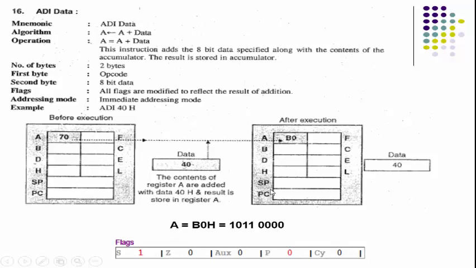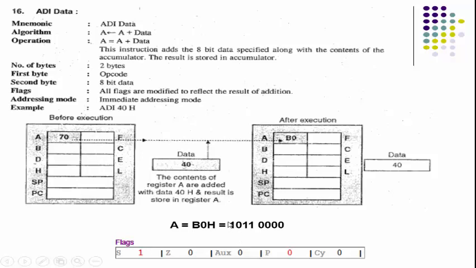After the execution of this ADI, to reflect the addition result, the flag bits get modified. Now in this case we can see the sign flag bit is set, which indicates the most significant bit of the result is 1.